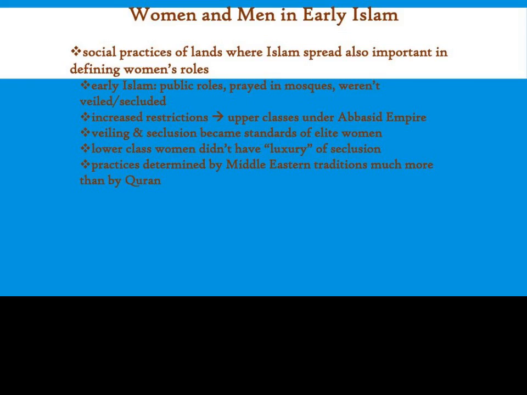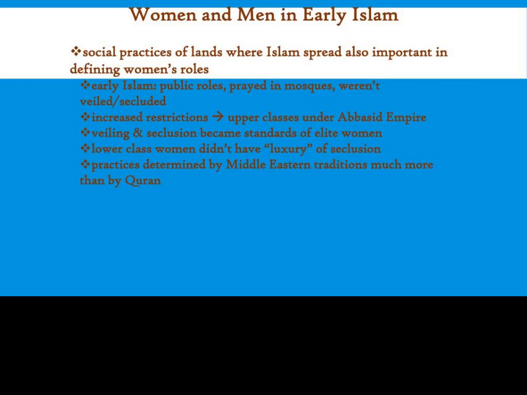Spiritually, women who were devout and had good morals would receive Allah's blessing just like a man would. But there were some growing restrictions on women, and these increased over time, especially in the upper classes under the Abbasid empire. We see the veiling and seclusion became the standard among the upper ruling classes of the elite women, and this is almost referred to as a golden age for the world of Islam.